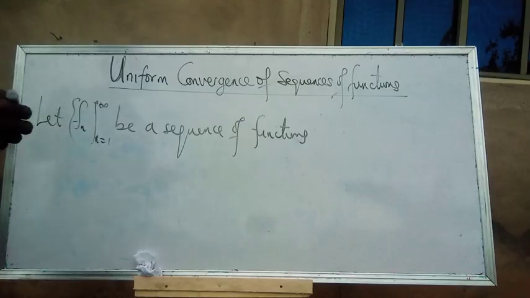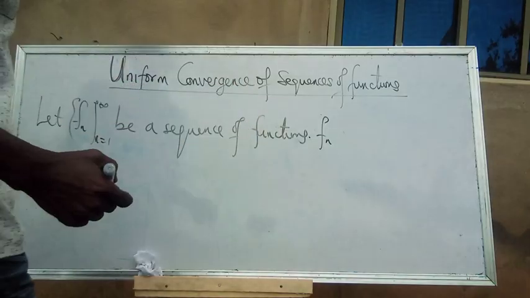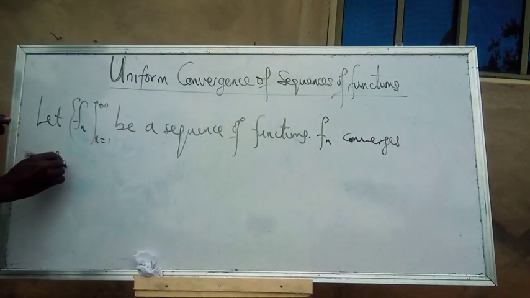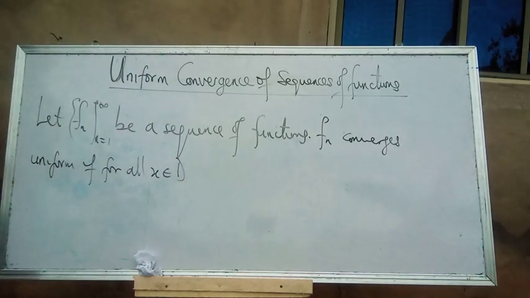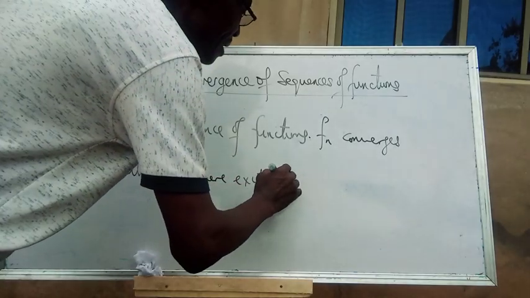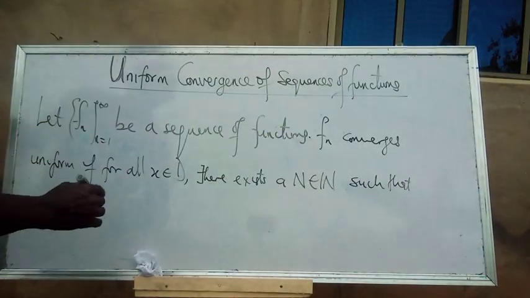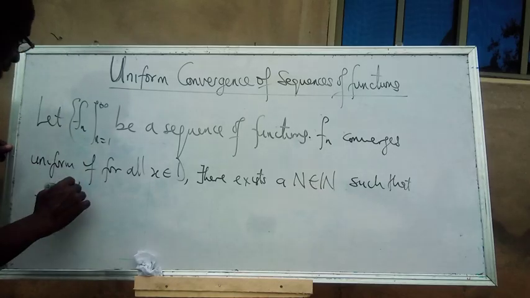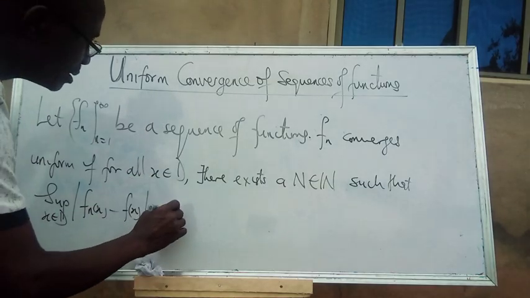Now, the sequence Fn converges uniformly if for all points x in the domain of the function, there exists a natural number n such that the supremum over x in the domain of the absolute value of fn of x minus f of x tends to 0.